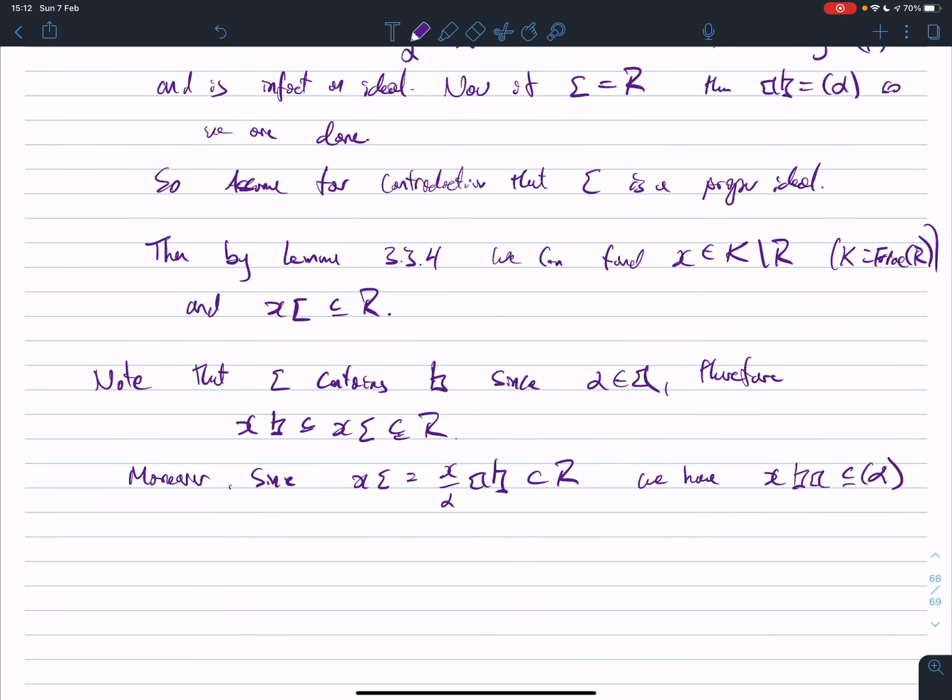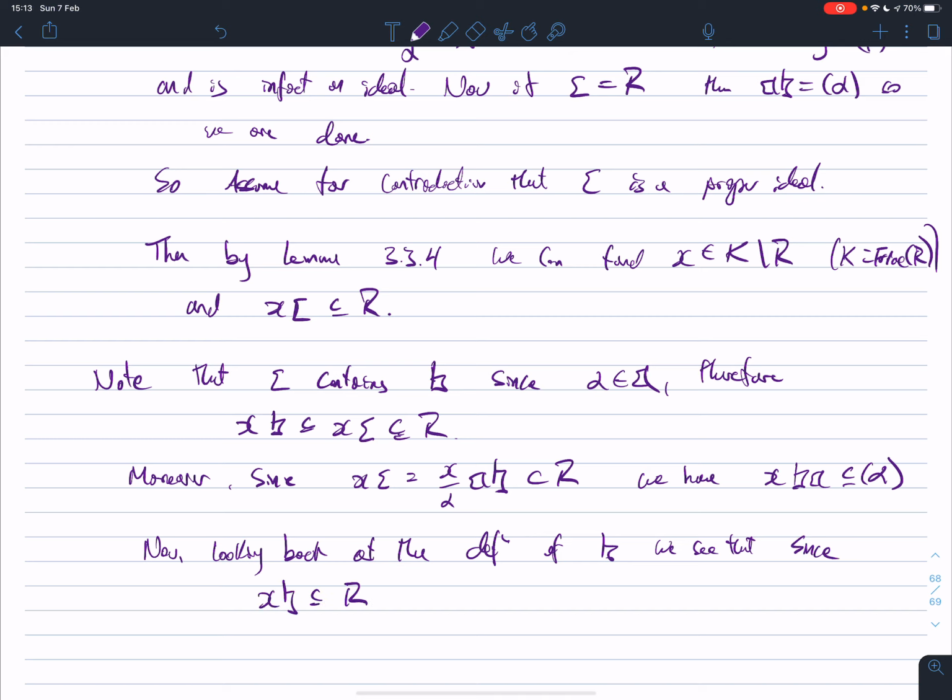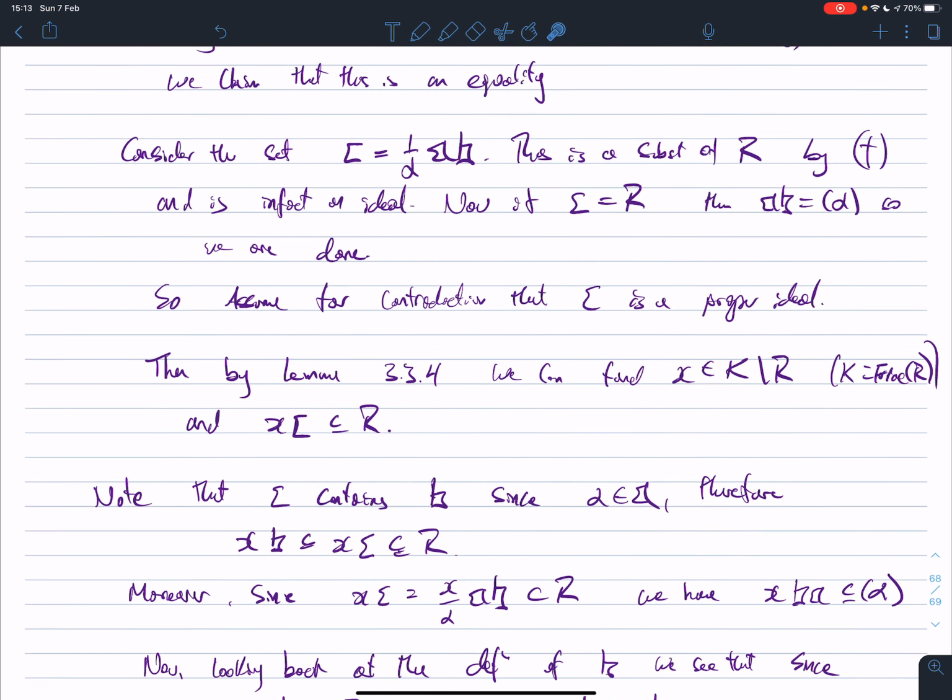So we have this inclusion. Now, looking back at the definition of the ideal B, since we know that x times B is contained in R, we have x times B is contained in B. Just notice, what did I take?